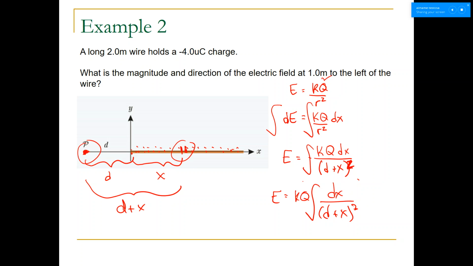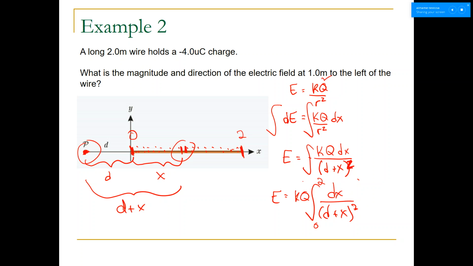But I arbitrarily took that point, so you can't call that the middle. Where does my wire start? 0. Where does my wire end? 2. So those are the limits of my integral, from 0 to 2.